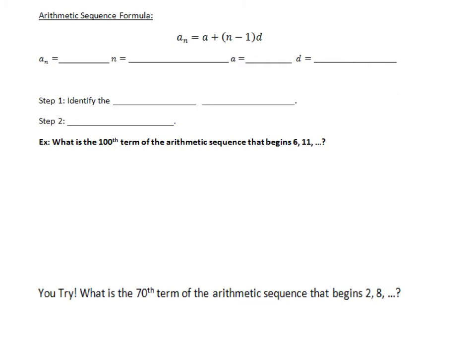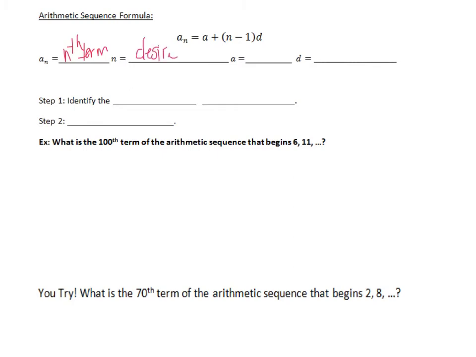So we do have a sequence formula, an arithmetic sequence formula, and this is one of the formulas that you need to have memorized. So this is the formula for section 2 to know. So make sure you write this down. A sub n is going to represent the nth term, just like it did before. N represents the desired term or number of terms.